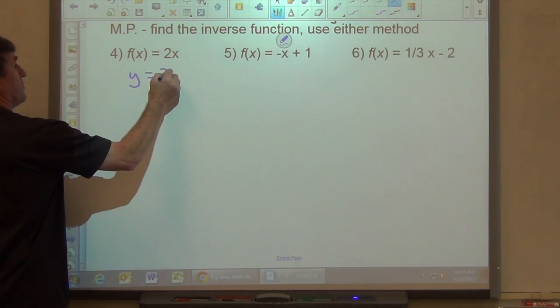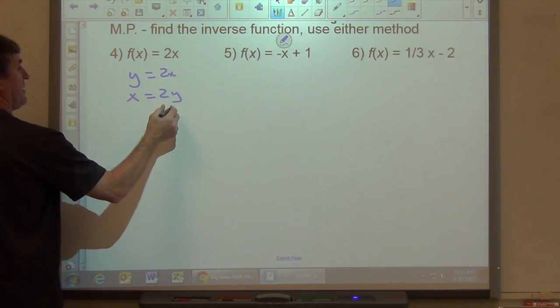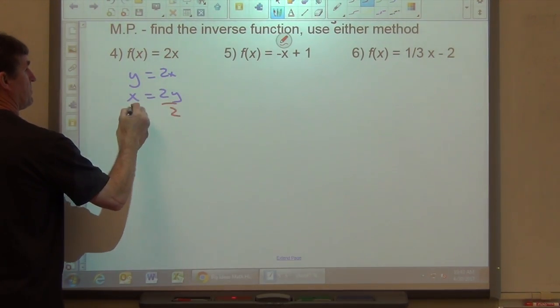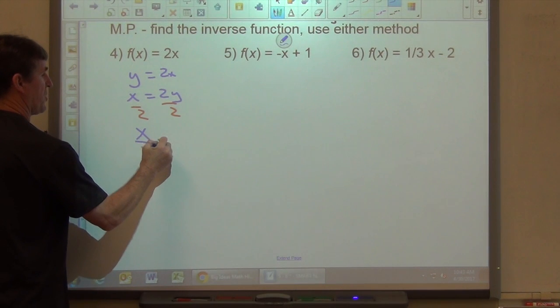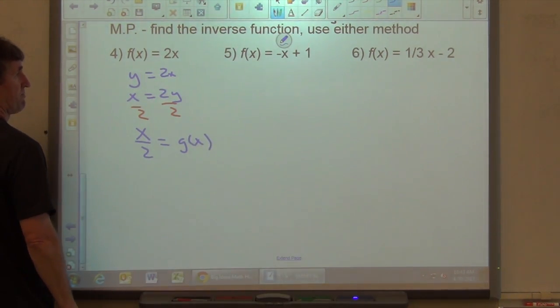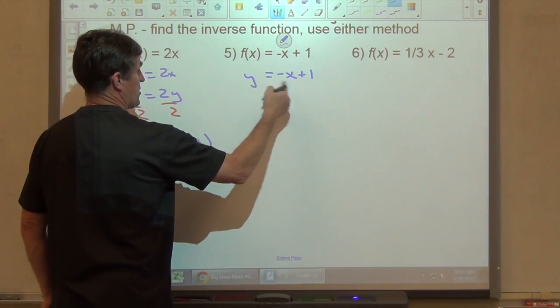So, y equals 2x, switch the x and y, divide by 2, and we get x over 2, which on these we're just going to put as g of x, the inverse function. This one, y equals negative x plus 1, switch the x and y.